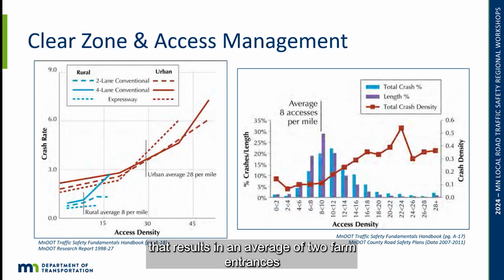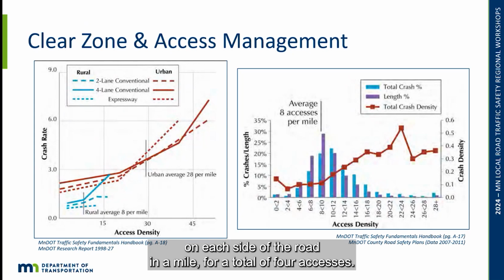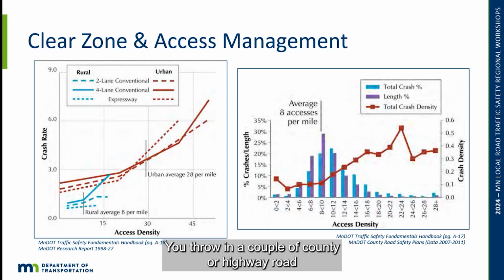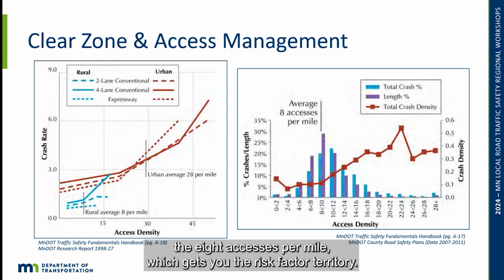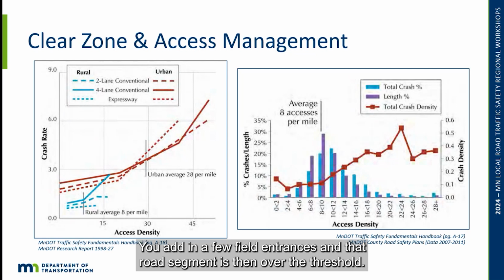That results in an average of 2 farm entrances on each side of the road in a mile for a total of 4 accesses. You throw in a couple of county or highway road intersections for another 4 accesses, and that gets you to 8 accesses per mile, which gets you into risk factor territory. You add in a few field entrances, and that road segment is then over the threshold.